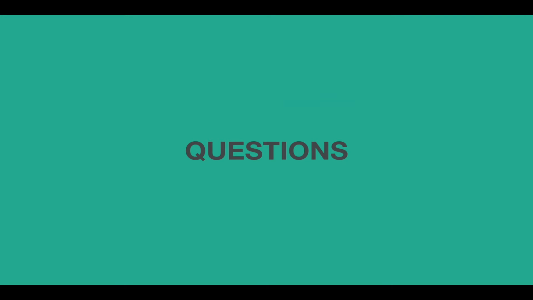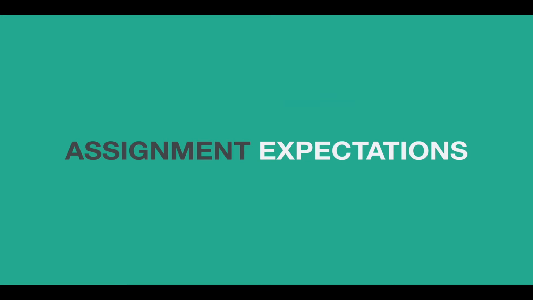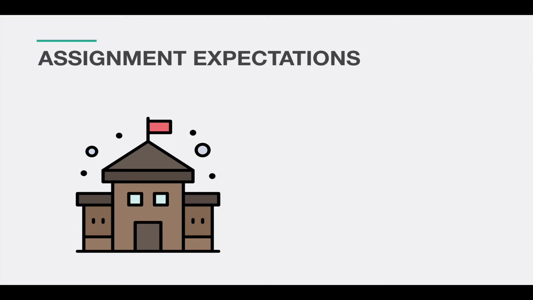All right. Let's talk about the assignment expectations. This will apply to any of the assignments being assigned in this course, not just the one coming up. Some of the topics we're going to talk about are responsive layout. What do we mean by responsive layout?